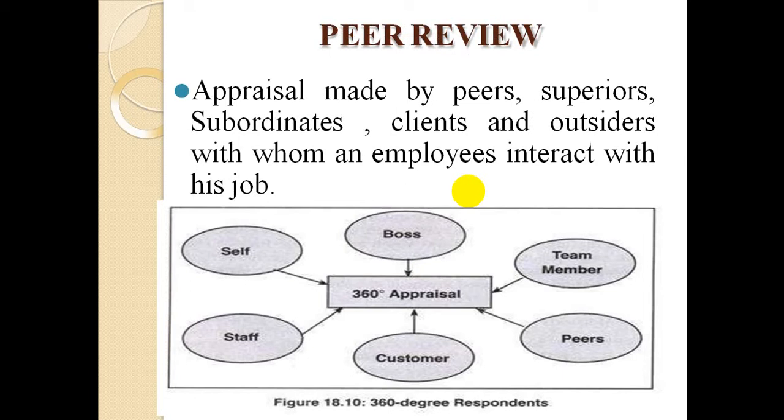In the traditional methods, mostly the appraisal is done by the rater, that is the superior, but here the appraisal is made by peers, superiors, subordinates, clients and outsiders with whom the employee interacts in his job. Peers means colleagues, employees working at the same level. So all of them will appraise the employee.